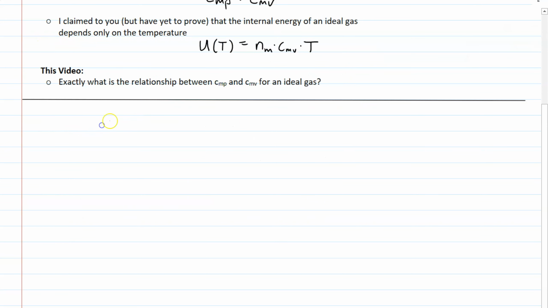We can start with the first law of thermodynamics, which looks like this: dU is equal to dq minus dw. And then in a reversible process, the work done is p dV, so dU equals dq minus p times dV. Sorry, my u's and v's are looking a little too similar here, so that's dU.